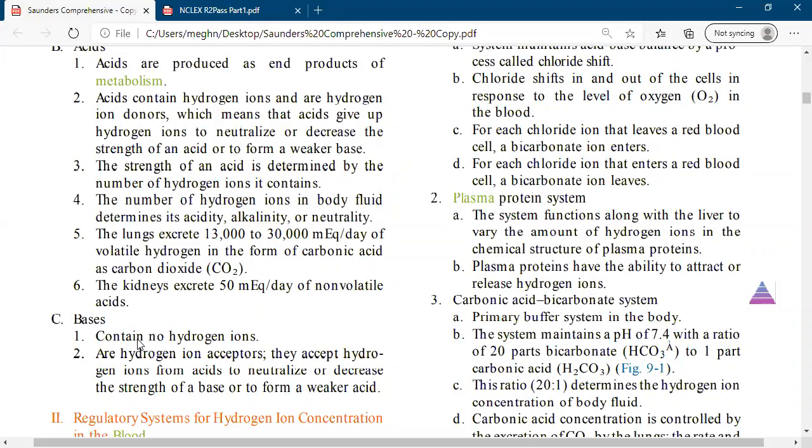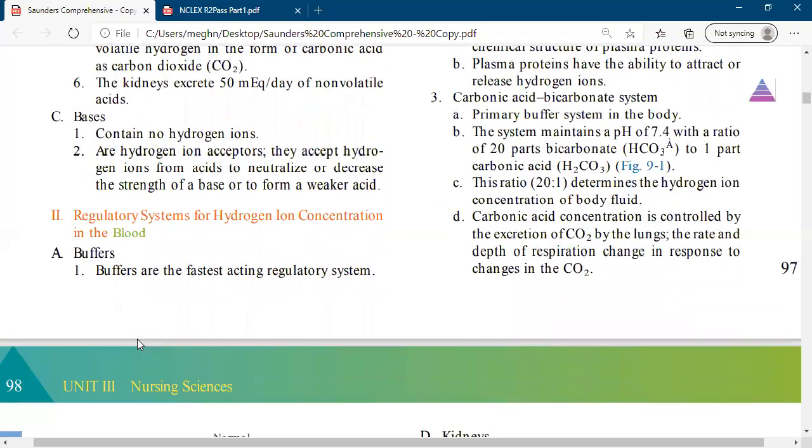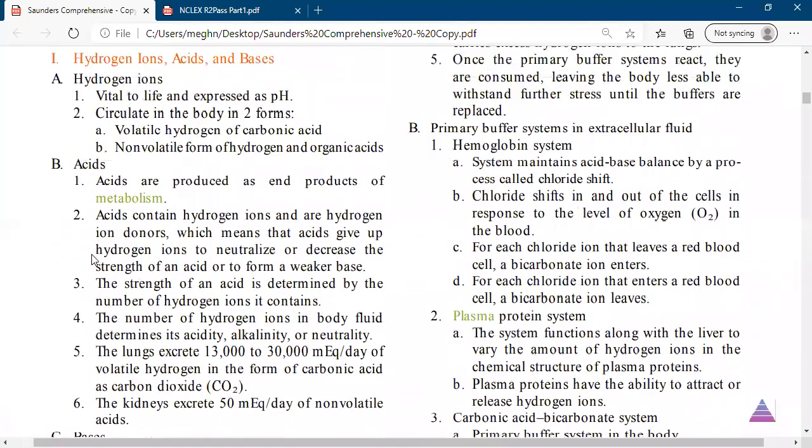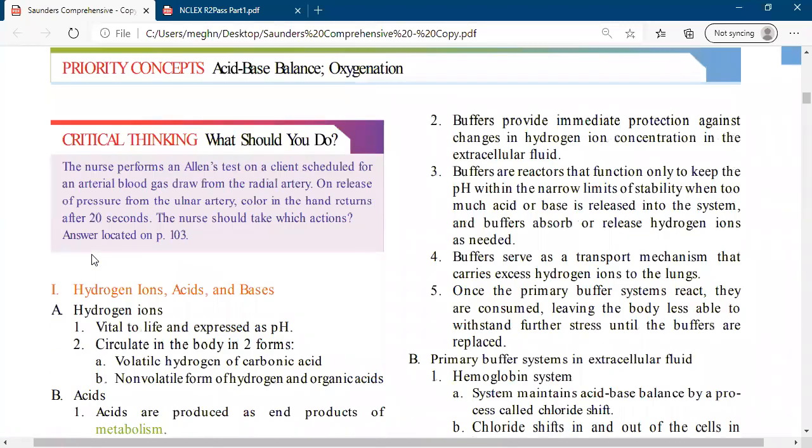Neutral pH means hydrogen ion concentration, or acid, is normal and base is normal, so they make an equivalent environment in the body. So who makes the equivalent environment in the body? Buffer. You can see in the monitor, buffer. Buffer is the system that can regulate hydrogen ion concentration.